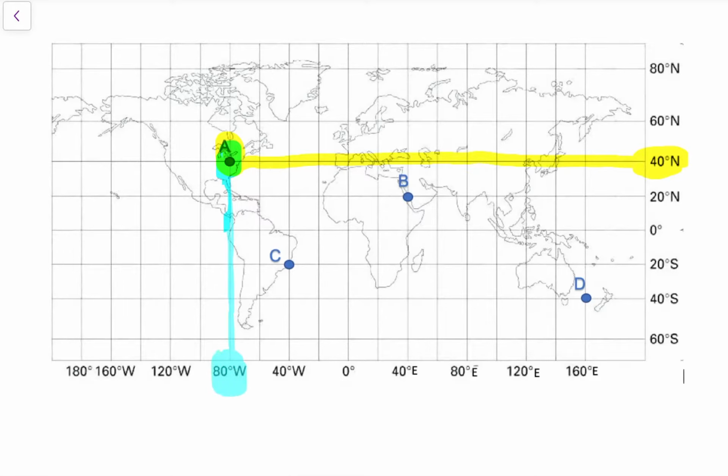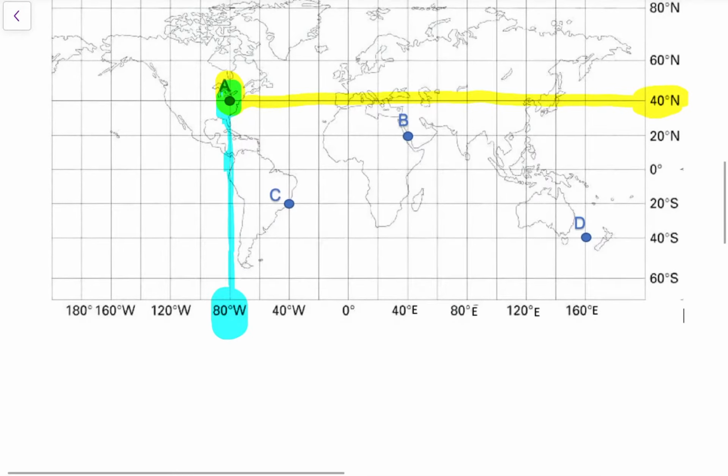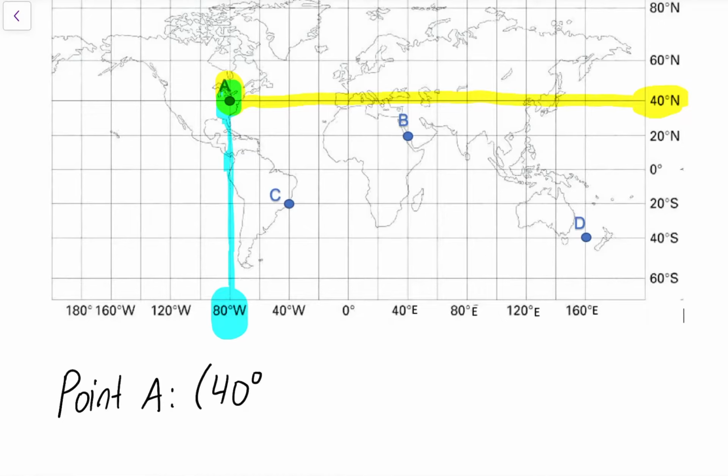It looks like the longitude is 80 degrees west. So for point A, the coordinates, or latitude and longitude, are 40 degrees north and 80 degrees west.